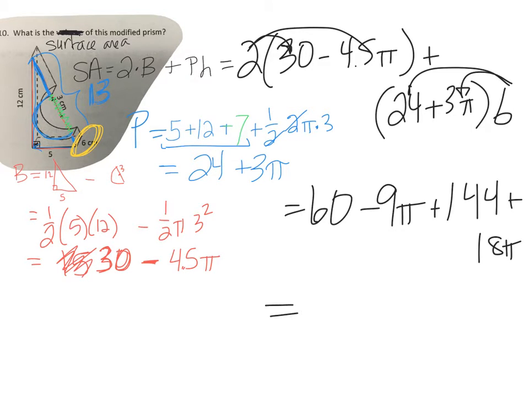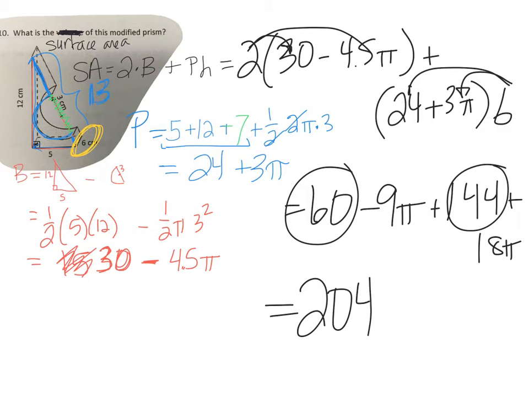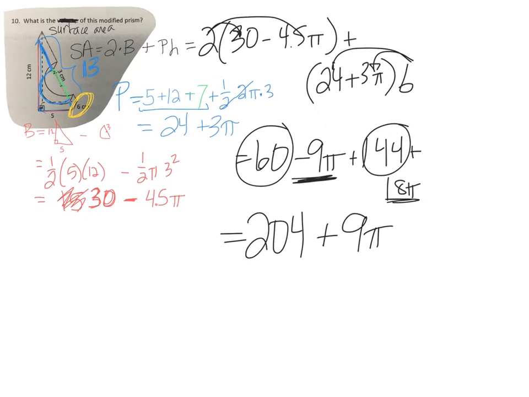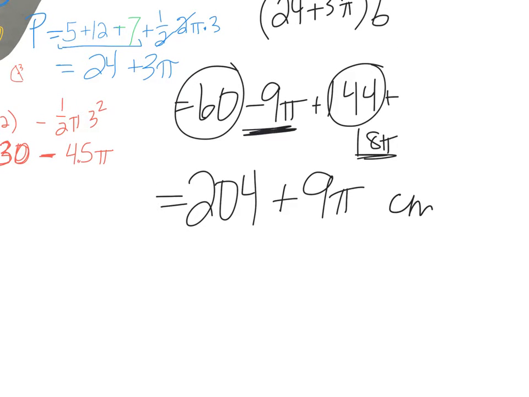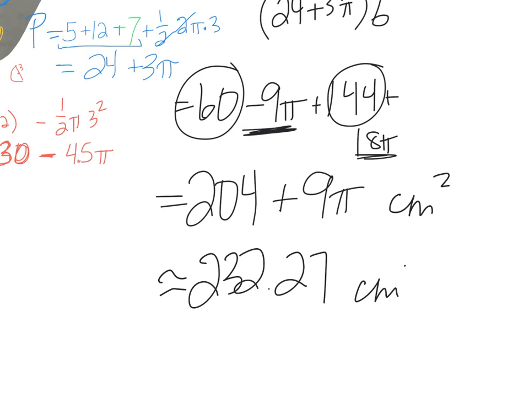So when I combine my like terms, 60 plus 144 is 204, minus 9 pi and 18 pi is plus 9 pi. So this is exact square centimeters, but if you want to decimalize it, you would get approximately 232.27 square centimeters.